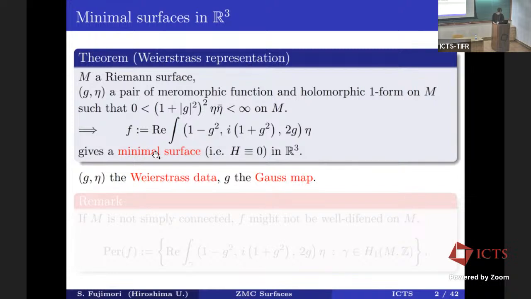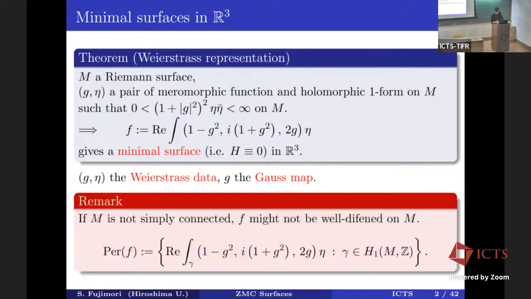This gives a minimal surface, that is, a surface with vanishing mean curvature in R3. The pair G and eta is the Weierstrass data, and G is called the Gauss map of the surface.